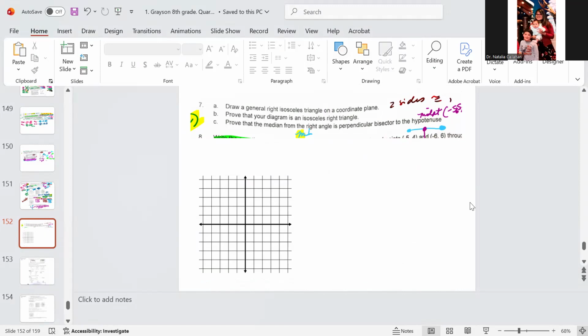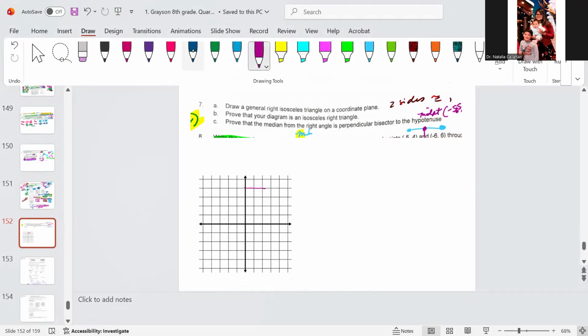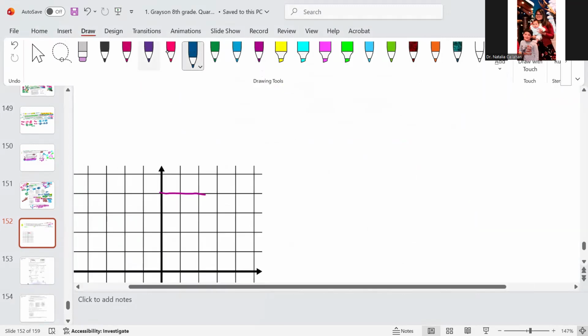Draw a general isosceles triangle on the coordinate plane. I want to stay with the positive, so let's just do maybe 1, 2, 3, 4. Maybe just do 2. 2 here. The pen's not working. Let's go ahead and keep trying.